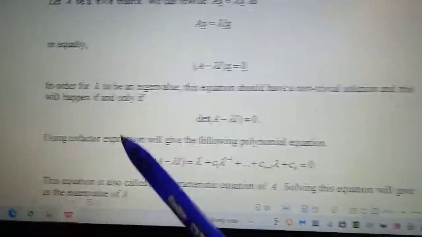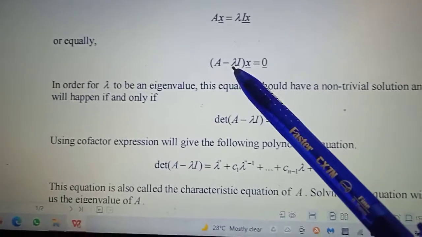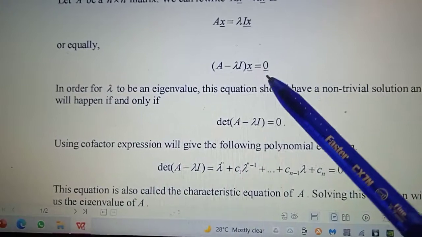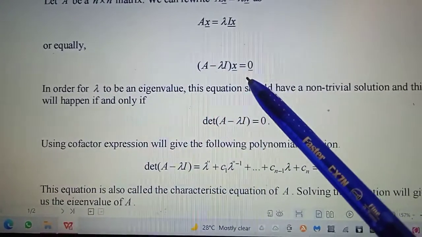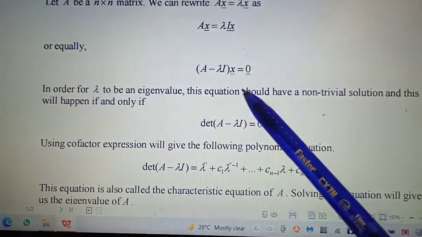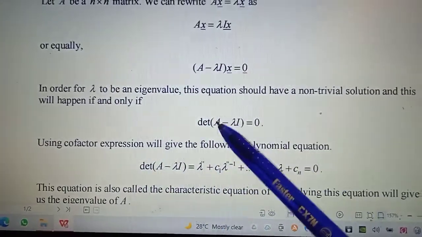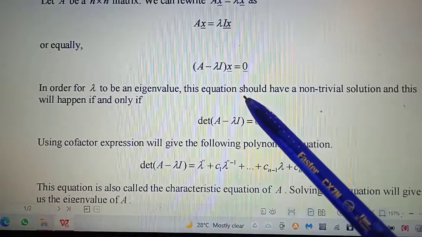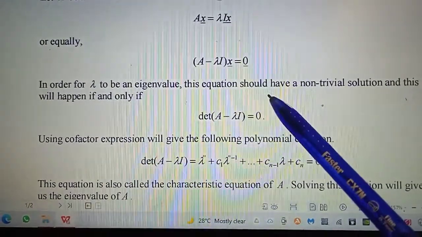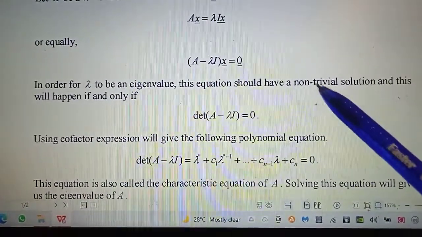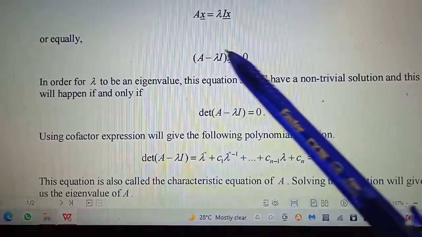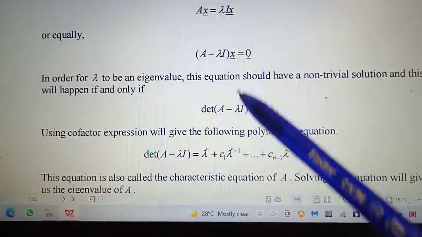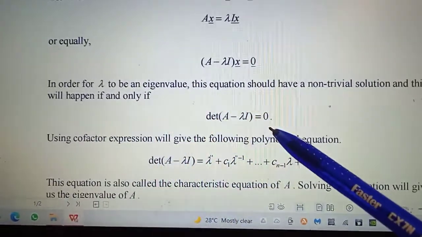Okay, so this is the homogeneous matrix equation. Remember the properties of a homogeneous matrix equation. For a homogeneous system of equations to have a non-trivial solution, the determinant of matrix A minus lambda identity must be 0.